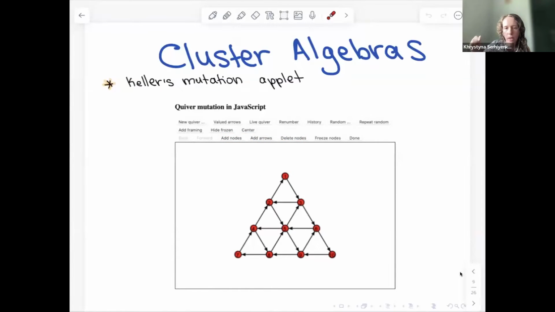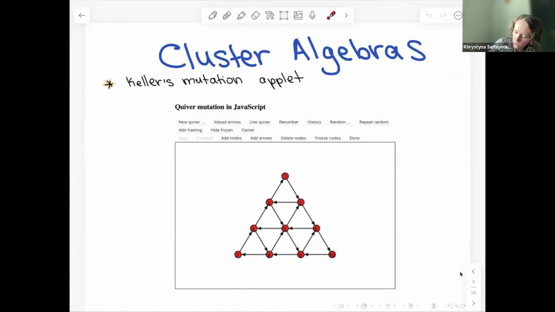You can build a quiver and then click on a node and it will produce a quiver mutation for you. Moreover, there's an applet that you can download on your computer, and then there are more possibilities. It can calculate cluster variables for you and other data associated to a cluster algebra that you may want to explore. So it's very nice if you want to just run some examples.